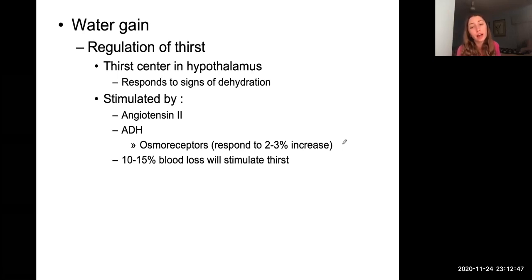If you have higher solutes in the blood, you don't want any more solutes, so you only stimulate the antidiuretic hormone to allow for reabsorption of water, not solutes, which is what angiotensin 2 does. It reabsorbs sodium, and you don't want sodium if you already have a high solute concentration. Did that make any sense?